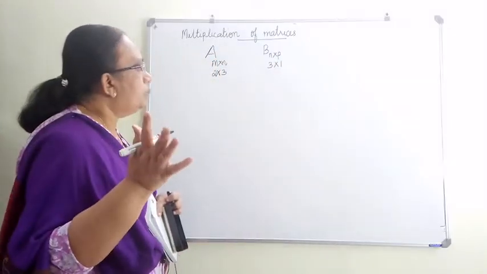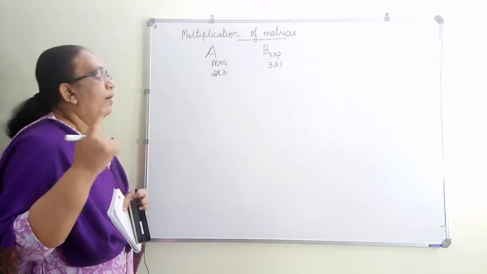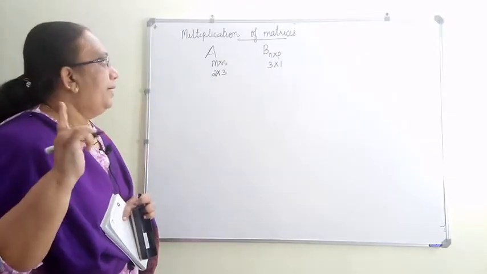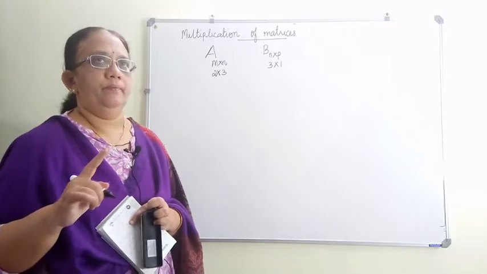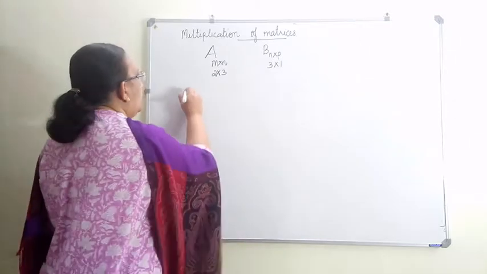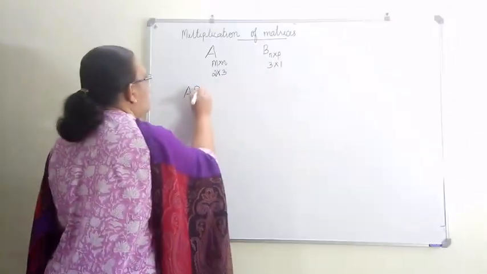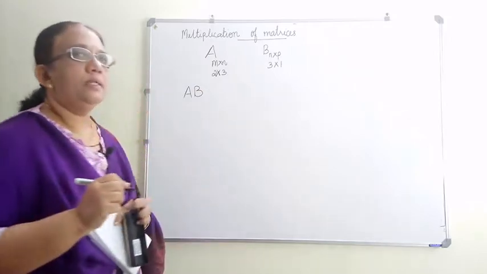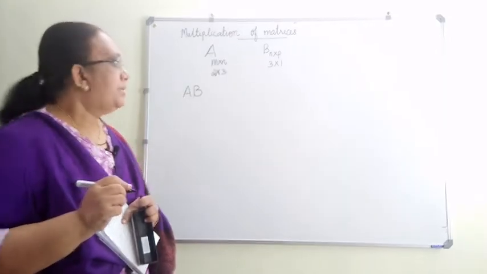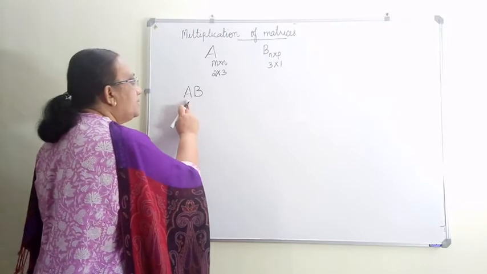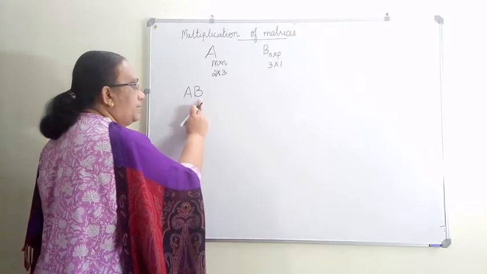Anything. 3 by 2 also, no problem. We will discuss questions based on that. Now, when you want to multiply these two matrices, I want to find out matrix AB. Matrix AB means A is the first matrix, B is the second matrix.